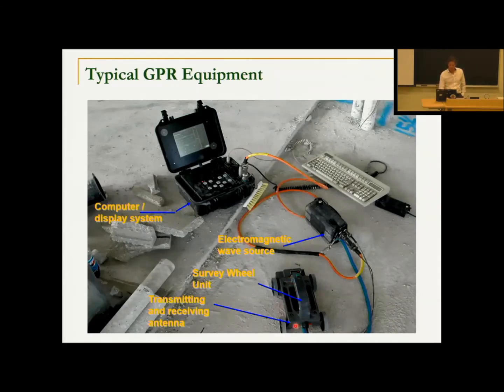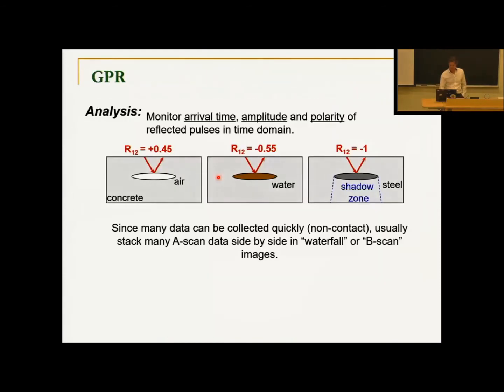And we can collect data from scanning, right? And then we collect all the electromagnetic data here. So when we are scanning along the top surface, and there is some sort of reflector inside, let's say it's concrete, we see that if it's air, we get about 45% of the energy coming back. If it's water, we get over 50% of the energy coming back.